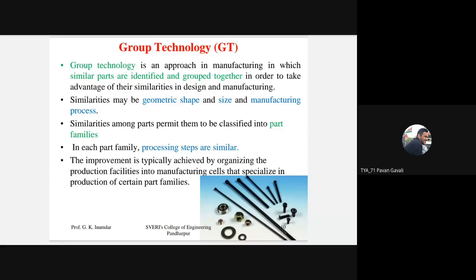There also the process planning is the same. Who is in charge of that workshop? BD Gaikwad sir. But what is his role? Only to give instructions one time, and the worker will do his work according to the guidelines from the authority. For that purpose, process planning is very important. Sorry, group technology is also important.